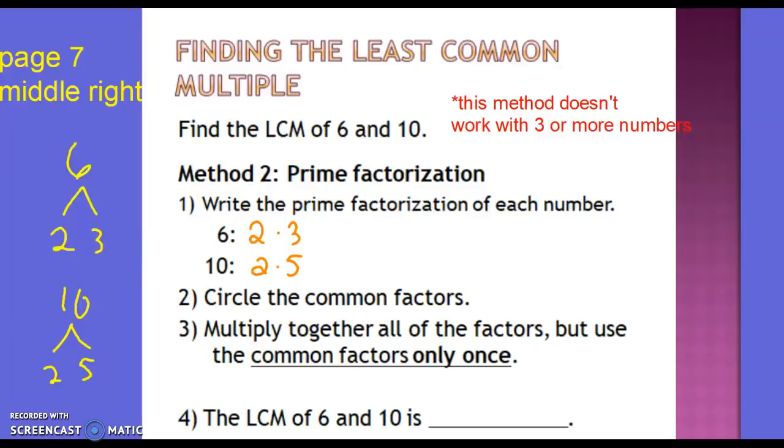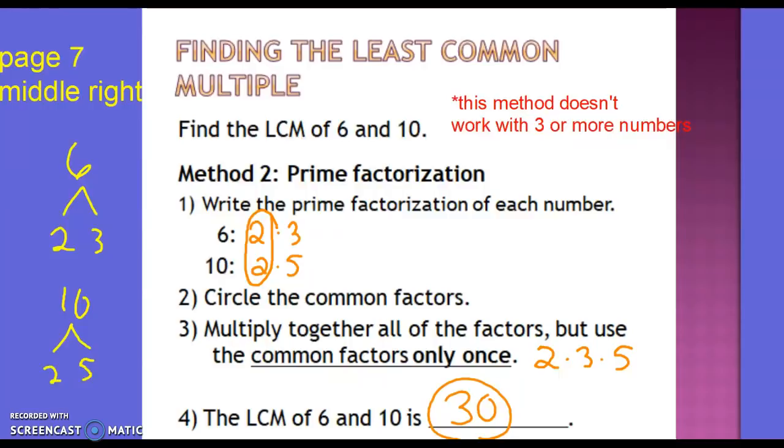The way that we find the least common multiple using the prime factorizations is we circle what they have in common, and the common factors you use one time. I see that they share a 2, so I'm going to write down the 2. Then we use all the other numbers that we see. We see a 3, we see a 5, so I multiply 2 times 3 times 5, and that gives me 30.